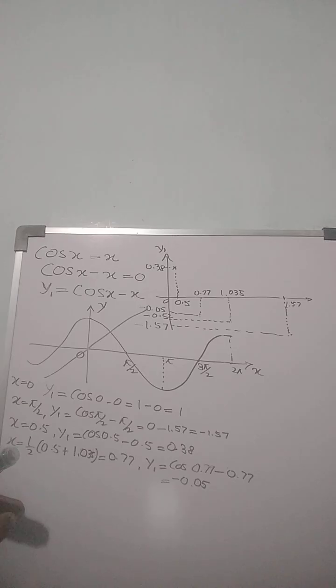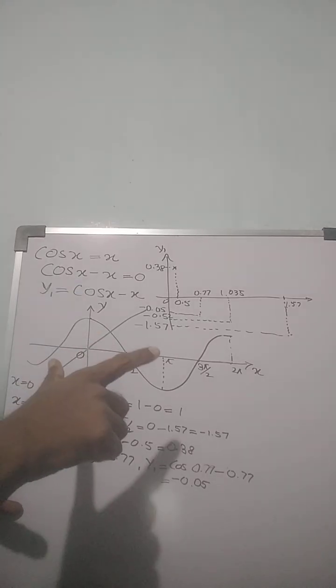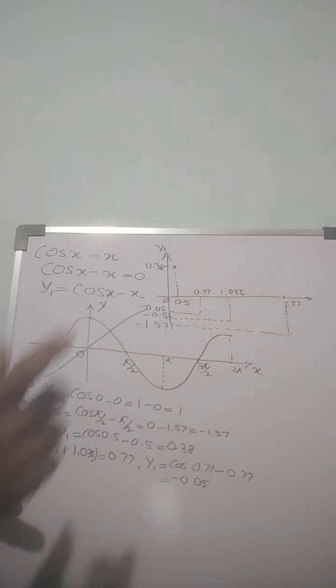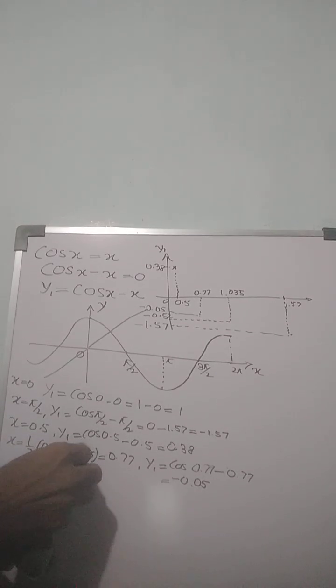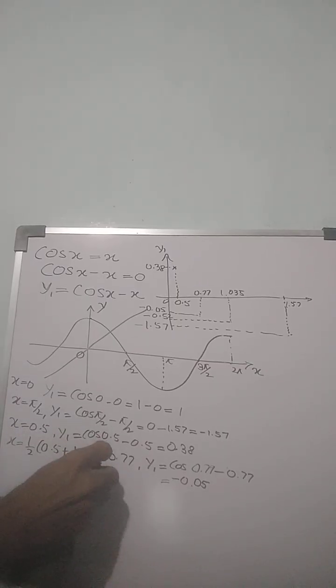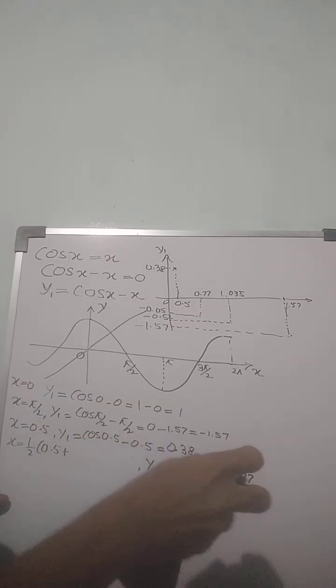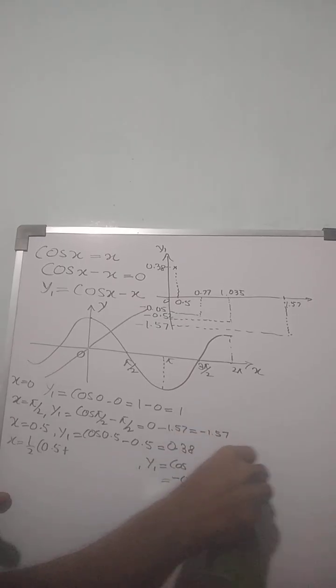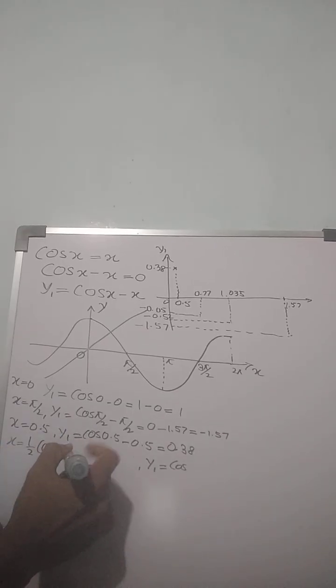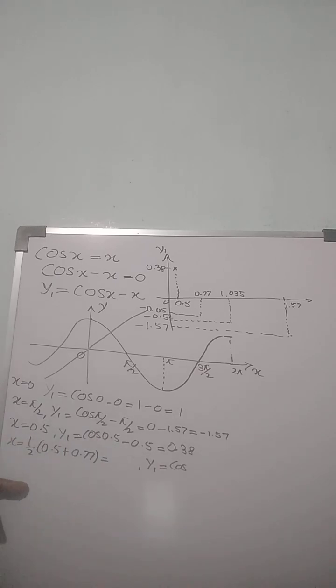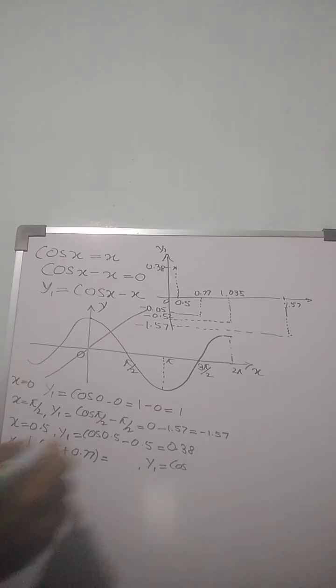Therefore, we can find again the value of y1 at the mid value of 0.5 and 0.77. The mid value of 0.5 and 0.77 is 0.64.